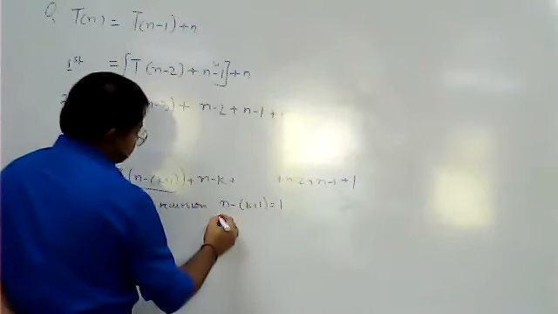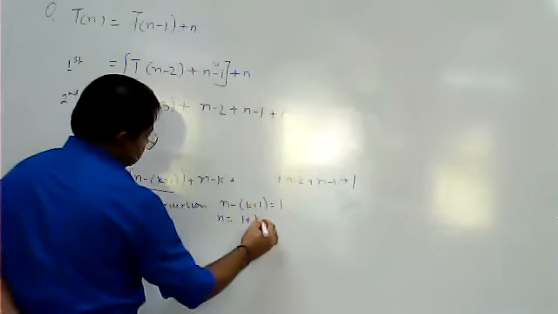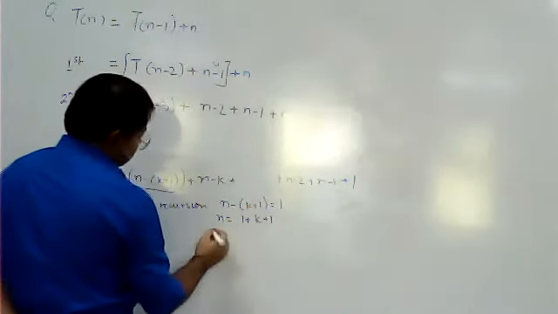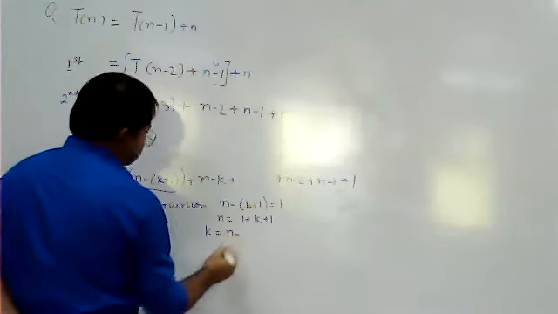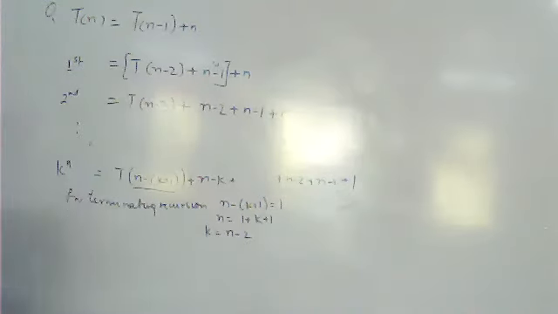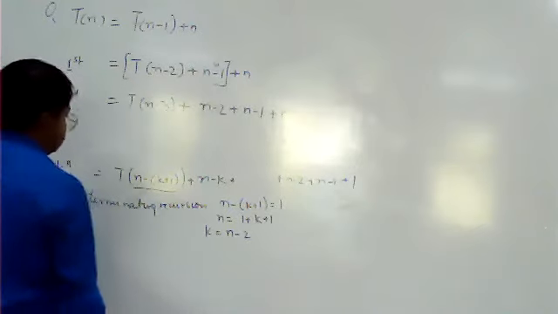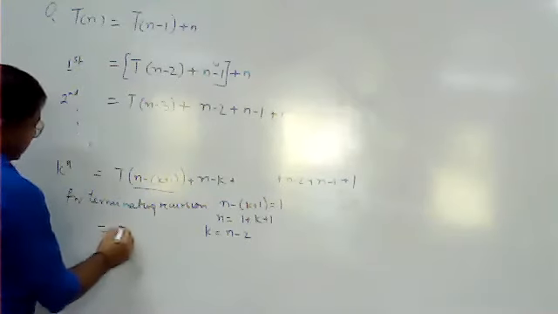It means that n is equal to 1 plus k plus 1. So it means k is equal to n minus 2. So if we put the value here, what we'll get?